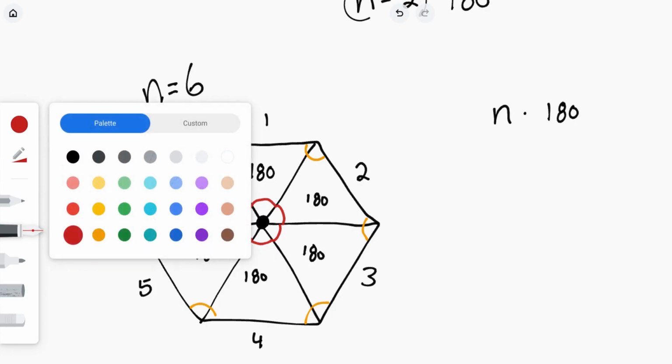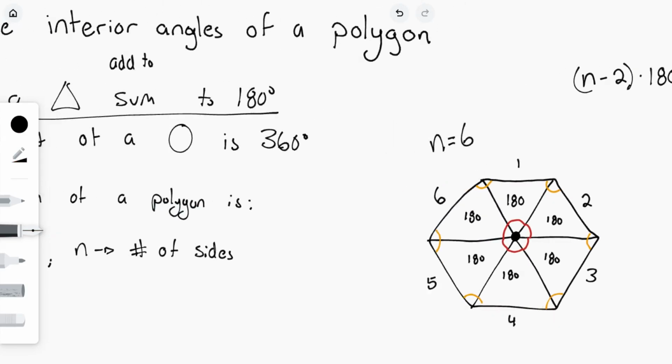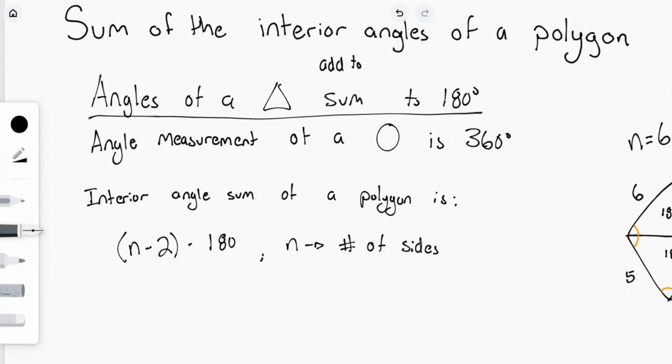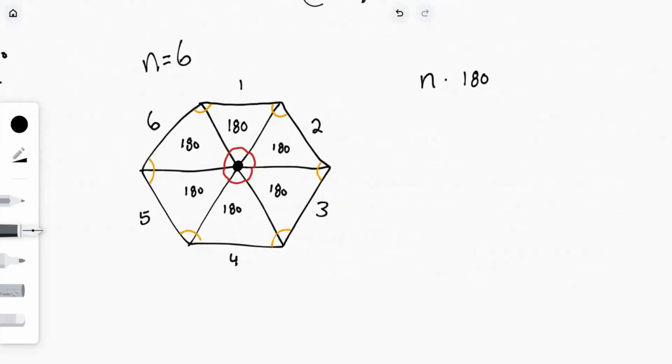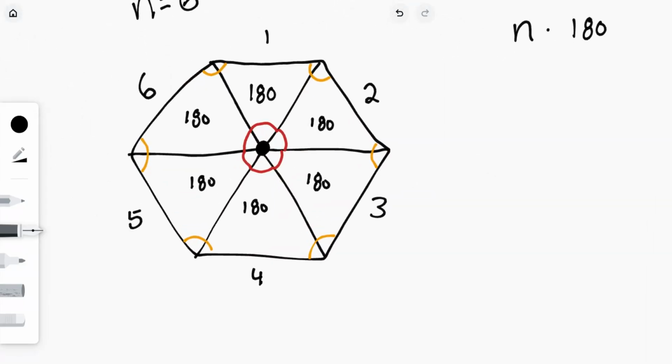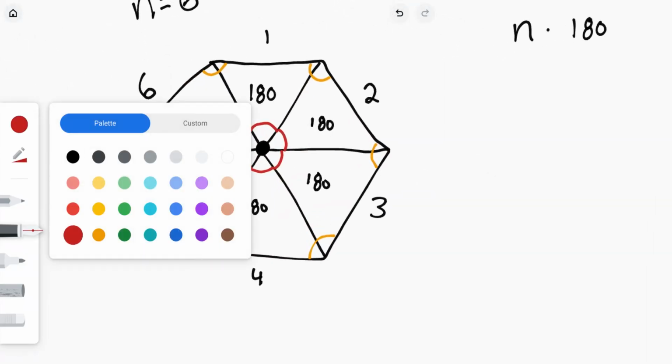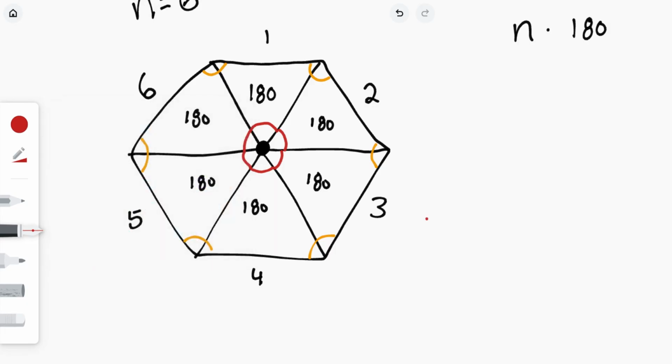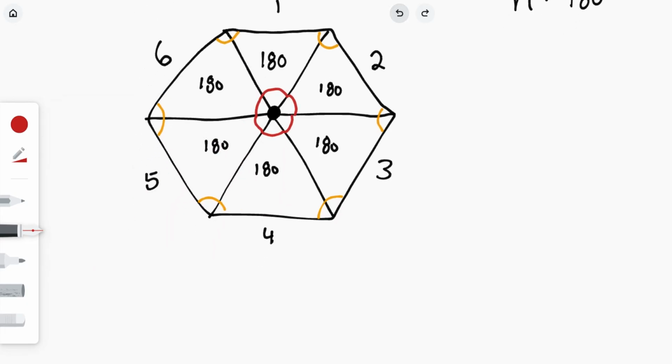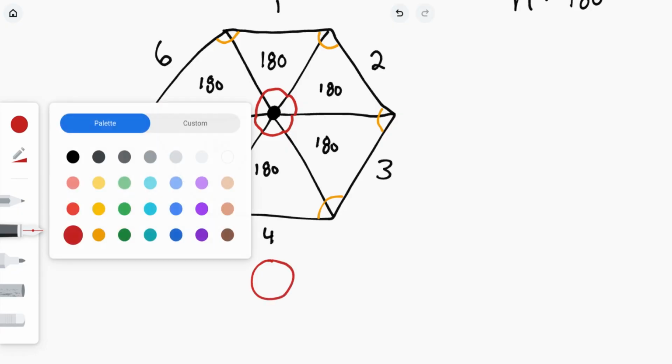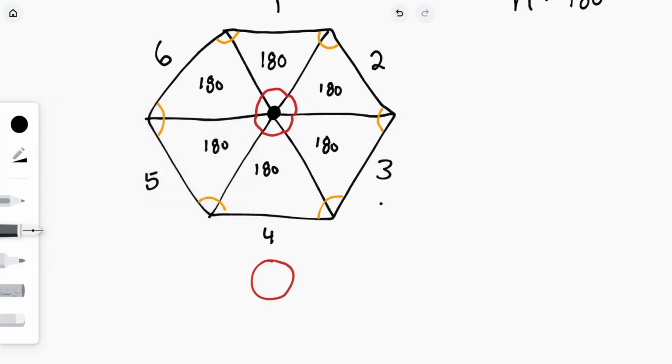Okay, the other piece of information we started off the video with: the angle measurement of a circle is 360 degrees. If you notice, all of the angles in red there, if you connect them end to end, what do you get? You're going to get a circle. The angle measurement for a circle, as I just went back and looked at, is 360.